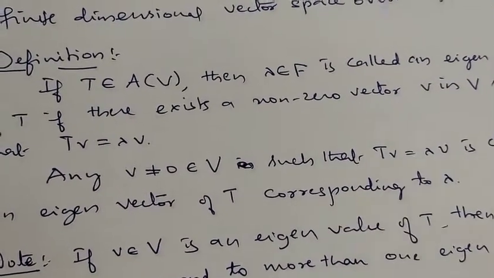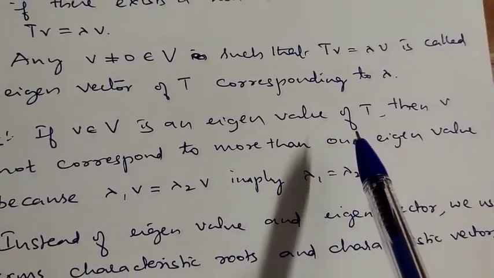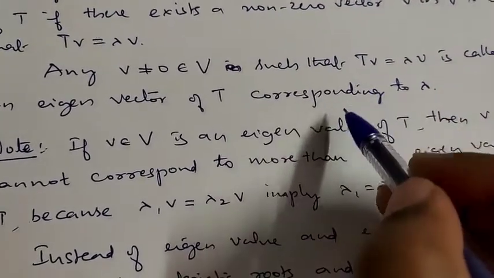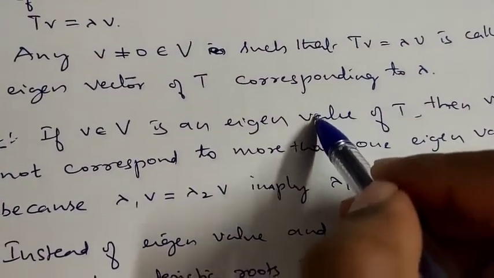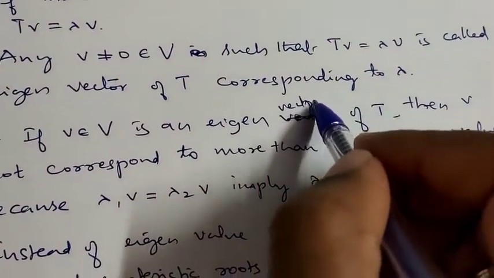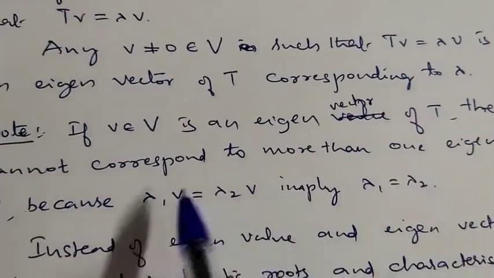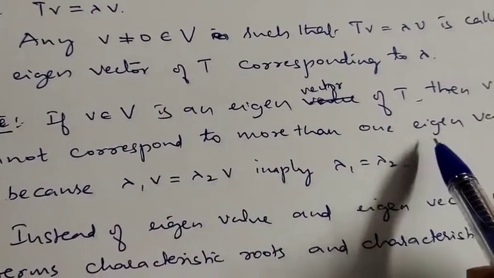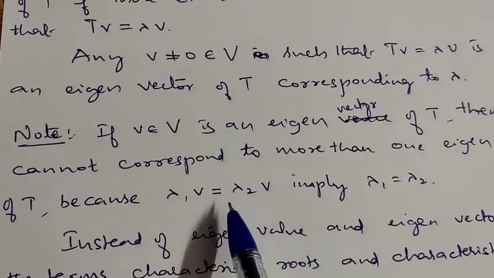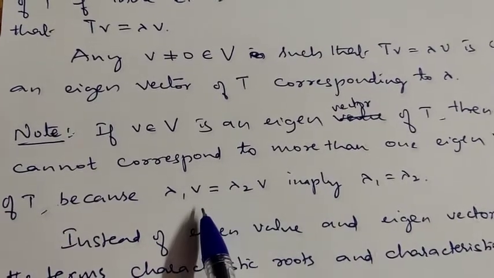So note that if v belongs to V is an eigenvector of T, then v cannot correspond to more than one eigenvalue of T, because if you assume that v corresponds to two eigenvalues, then what will happen?